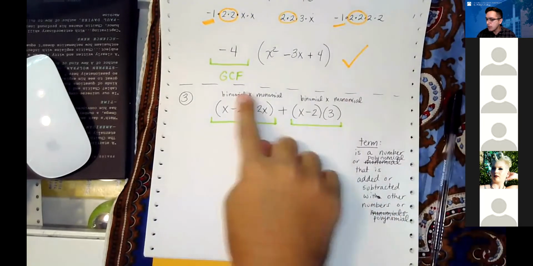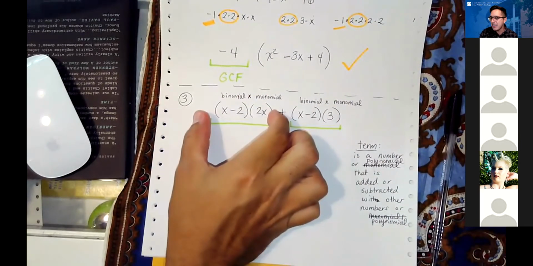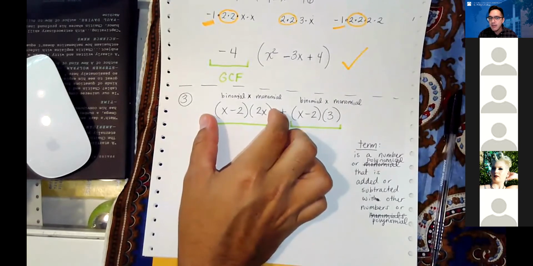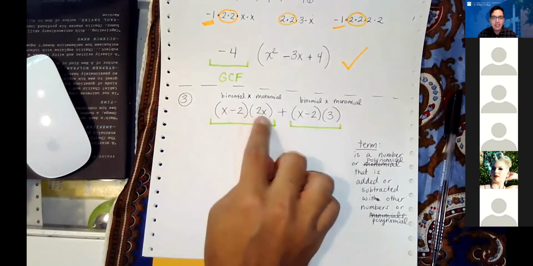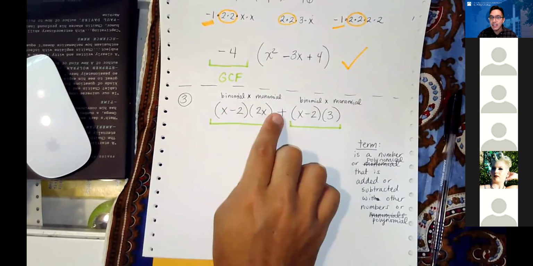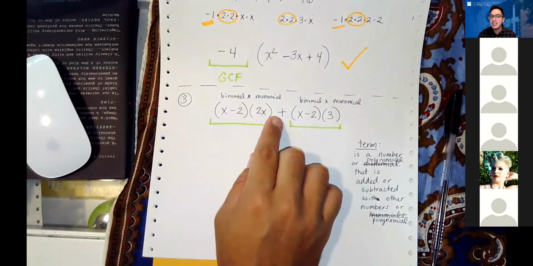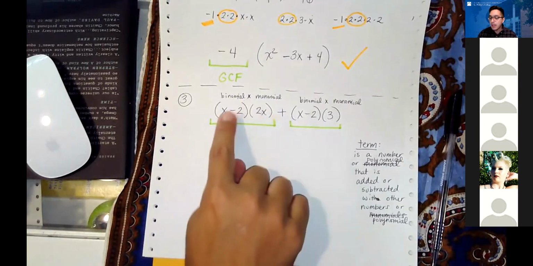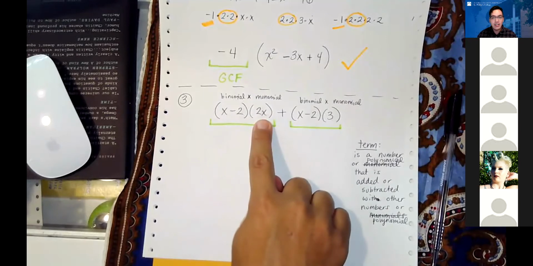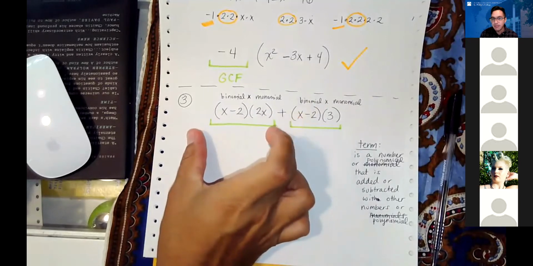So if we're multiplying within this set of objects, then we can't call these terms, because the things that you multiply together we call factors. So we have a binomial factor here, x minus 2, and a monomial factor here. That's our first term.